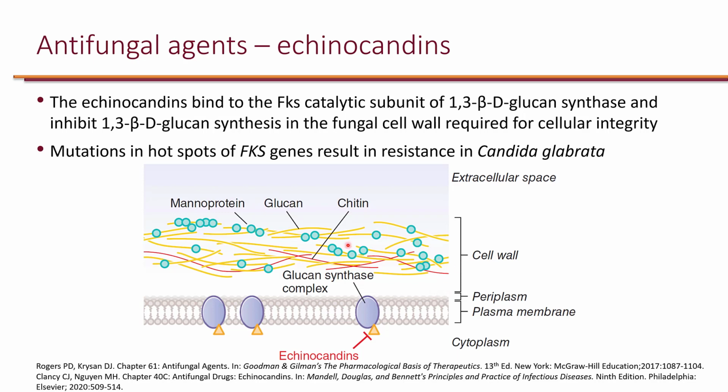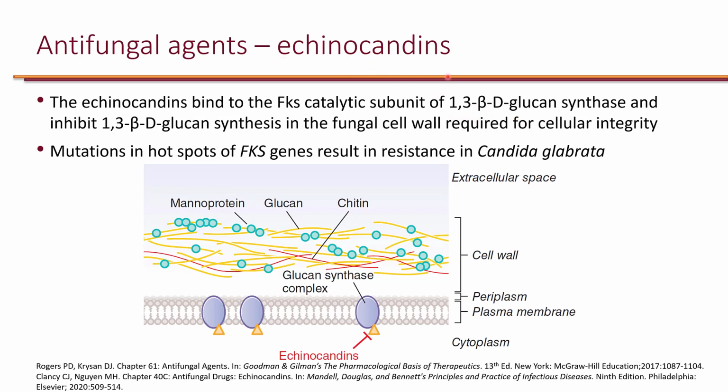So Cryptococcus species don't have a significant amount of 1,3-beta-D-glucan. In fact, Cryptococcus species mostly rely on the 1,6-beta-D-glucan, and these agents will not really inhibit 1,6-beta-D-glucan.